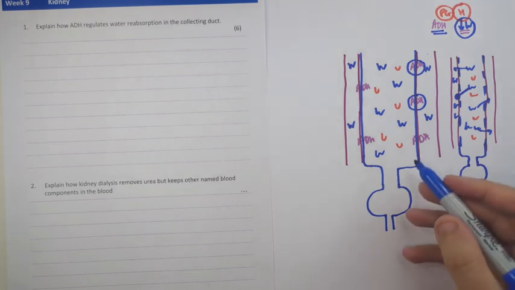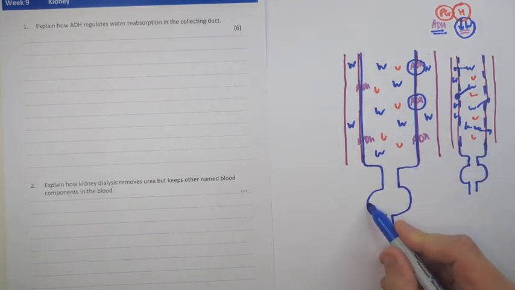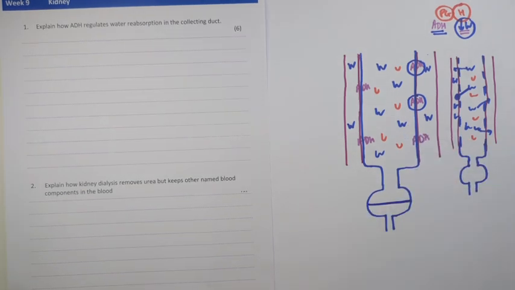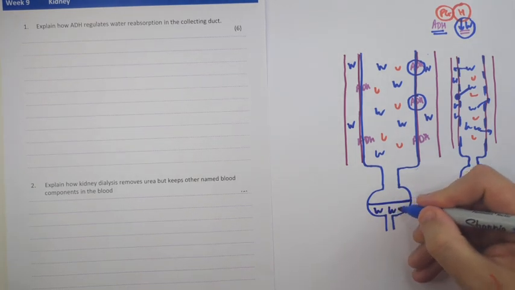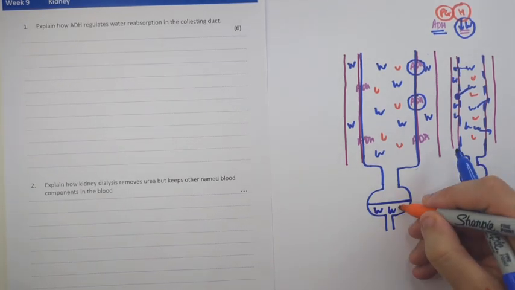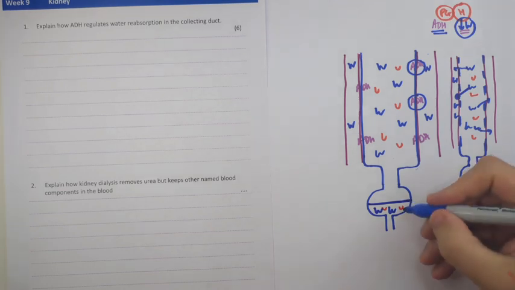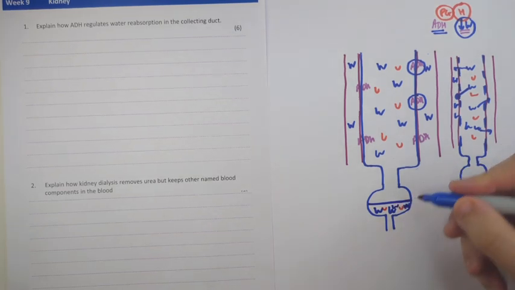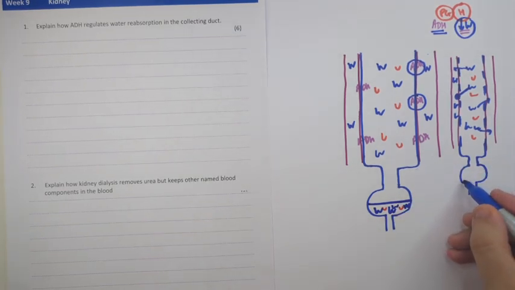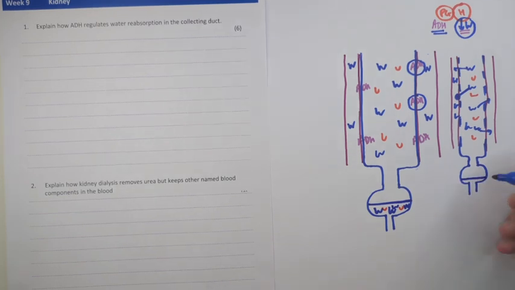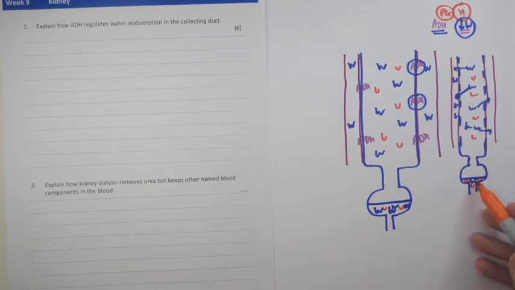But here, you might produce this much urine, because you've got water and urea. In this bladder here, can you see there's much less water? There's a lower concentration of water, there's a higher concentration of urea, sorry.